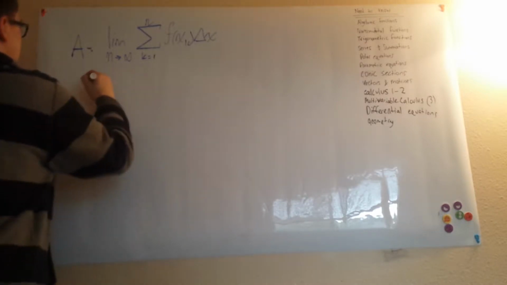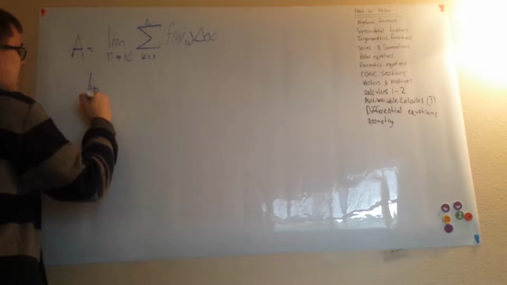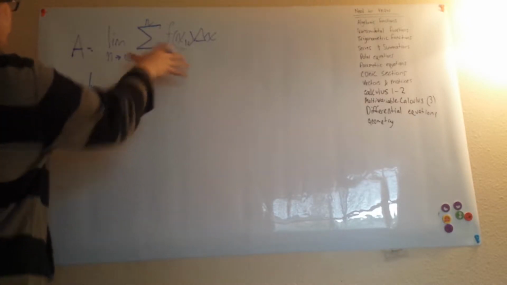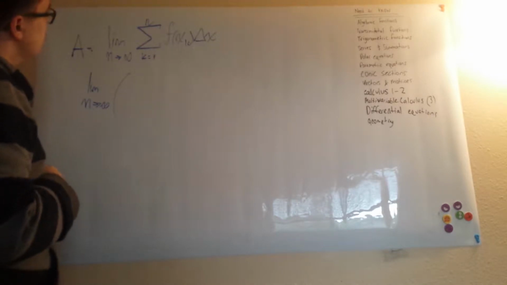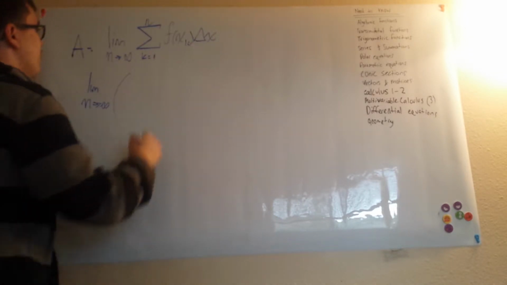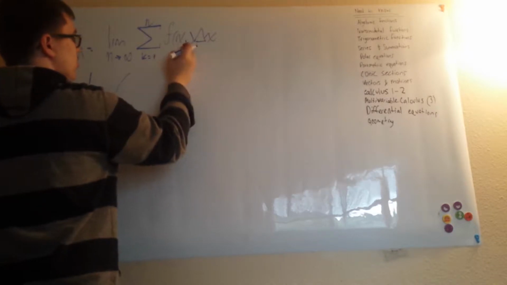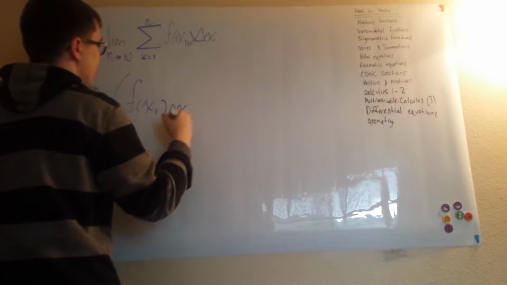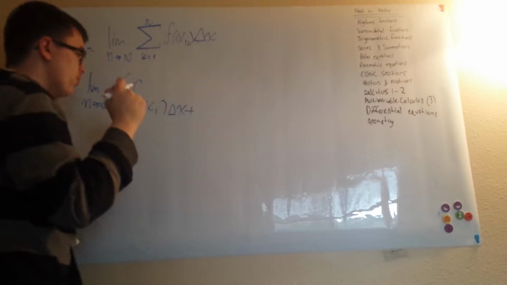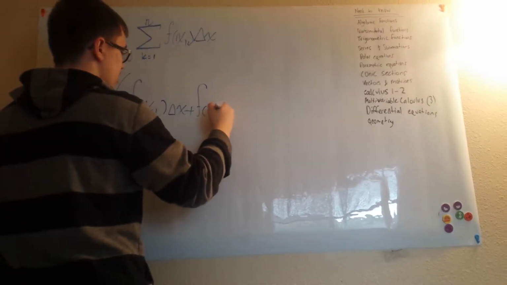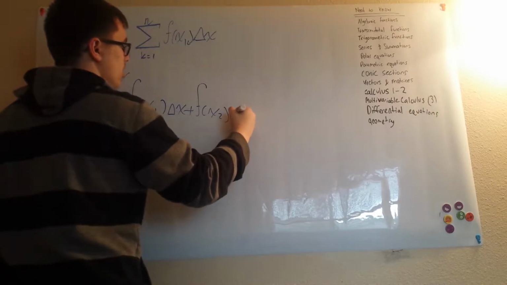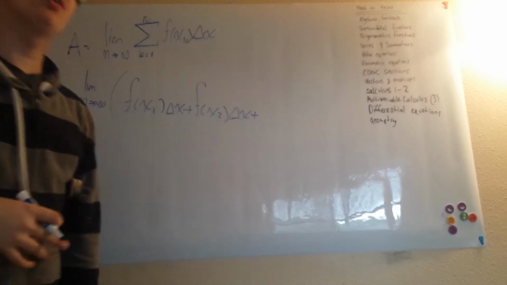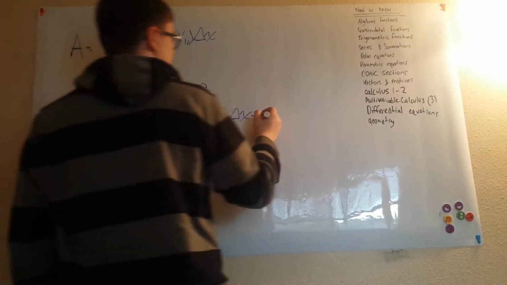So this is the limit as n approaches infinity of what? Let's just plug this in. Let's start at k equals 1. Well, if we plug in 1 into k, we get the height of the first rectangle times the width, plus plug in 2, the height of the second rectangle times the width, plus, well, we kind of know this is going on forever, right?